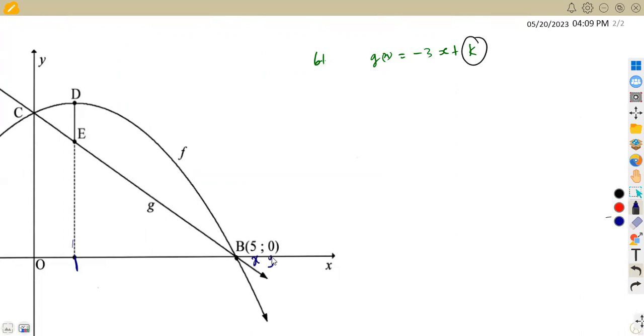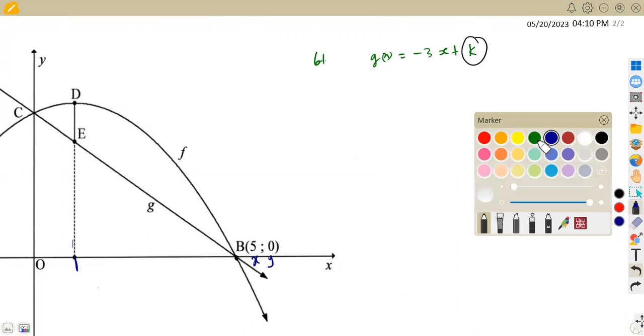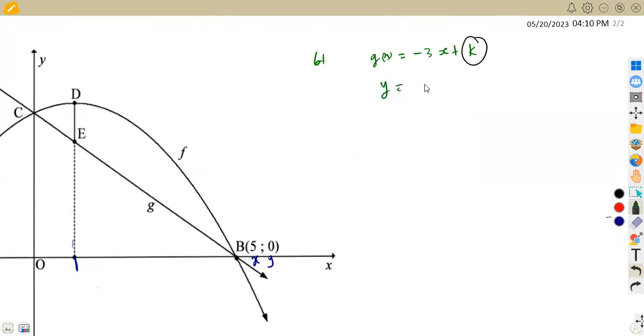We've got the value of x and the value of y here. g(x) equals negative 3x plus k simply means y is equal to negative 3x plus k. So we can substitute the value of y, which is 0, and in place of x, we substitute 5. This is going to give us negative 3 times 5, plus k, so you can determine the value of k.